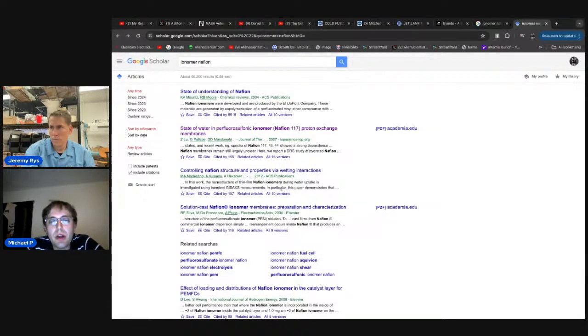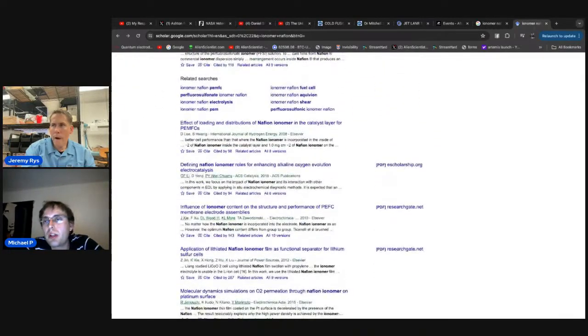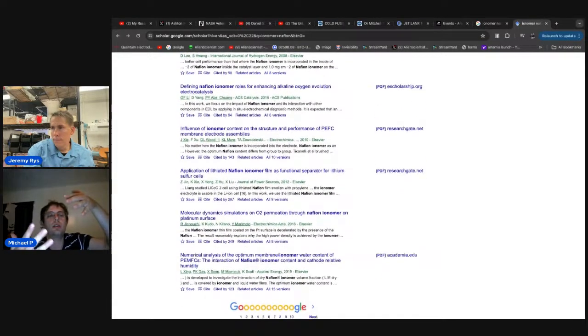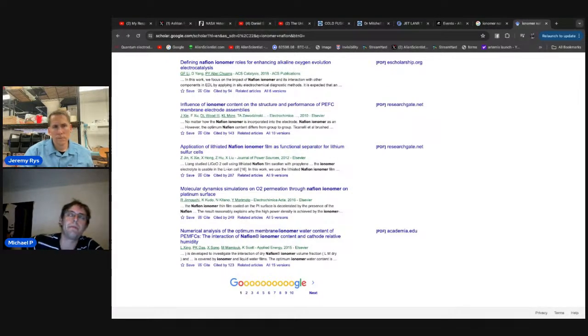Point is, the functional groups are hydrophilic, and the polymer is hydrophobic. So the functional groups all stick out into the water, and they form these little tubes of water that go through this. But those are at like the nanoscale almost, at most like a micron, very, very small.